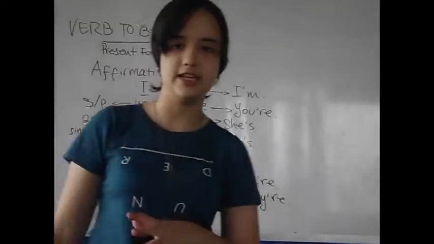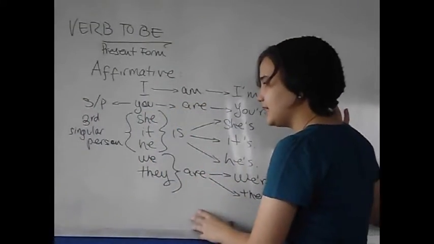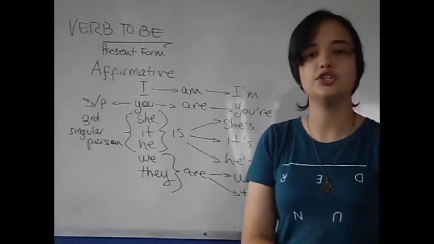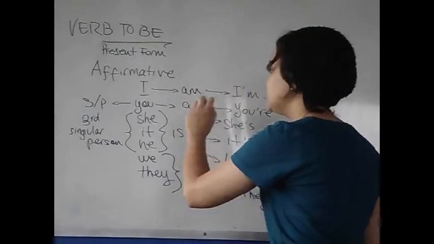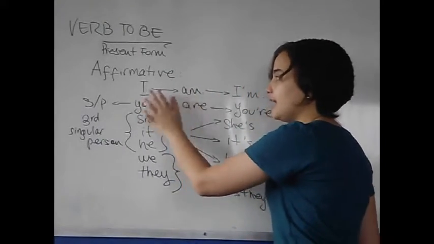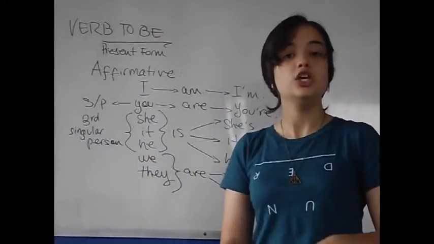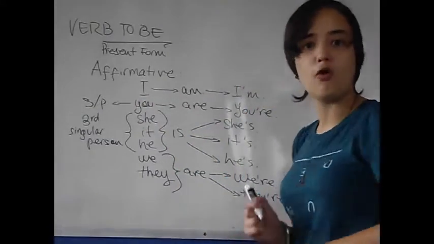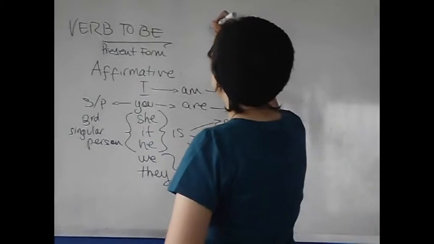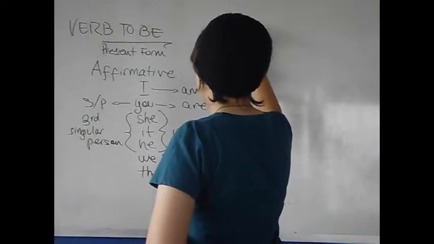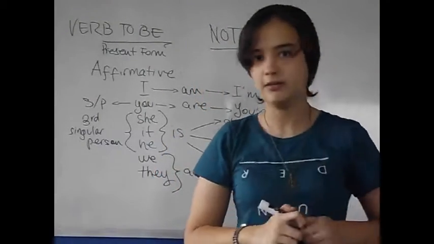Okay, that's probably it. Why is this the main base of the conjugations? Because once you have learned that I goes with am, you can determine the negative form by only adding one simple word. Not. Yeah? Alright.